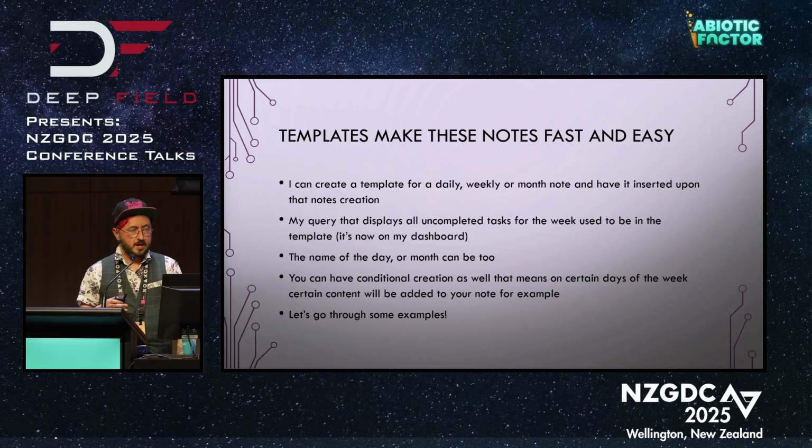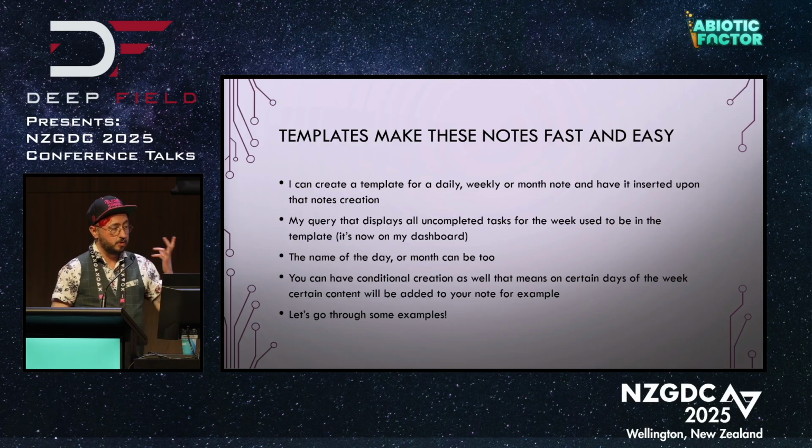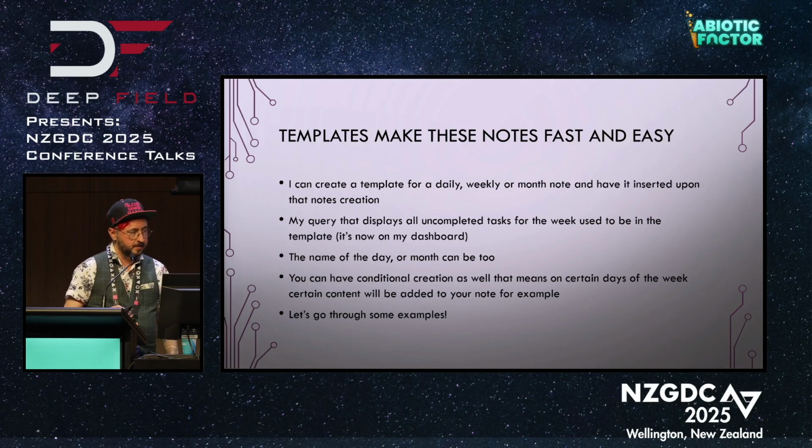When I first started using Obsidian, I did use a template to start with for my daily notes, because the plugin for it is set up and asks you, do you want to insert a template? But I didn't really fully utilize templates at first. I was still manually writing the day. I was still manually adding certain things on certain days.